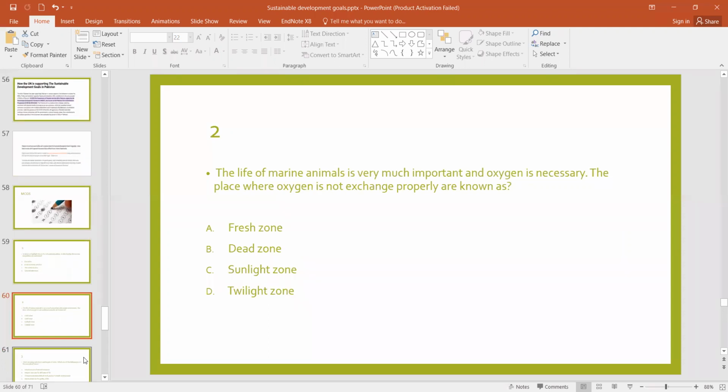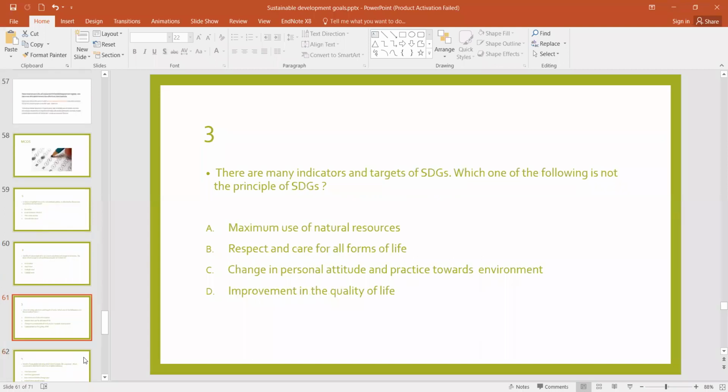The life of marine animals is very important and oxygen is necessary. The place where oxygen is not exchanged properly is known as: fresh zone, dead zone, sunlight zone, twilight zone. B. Dead zone, B is the right answer.